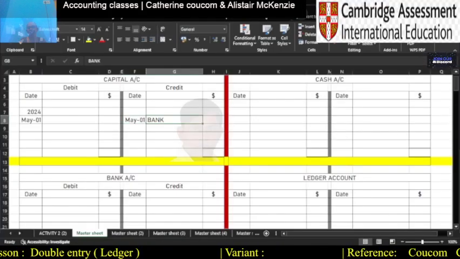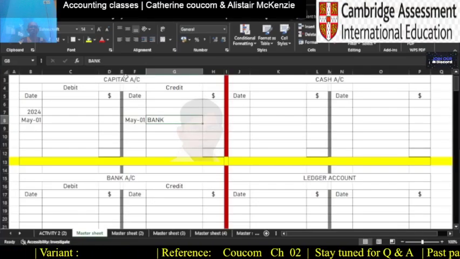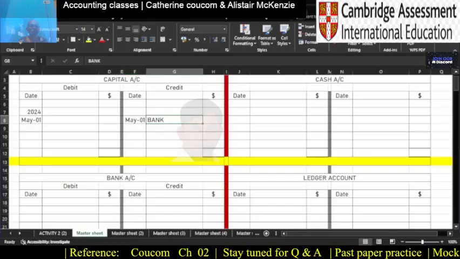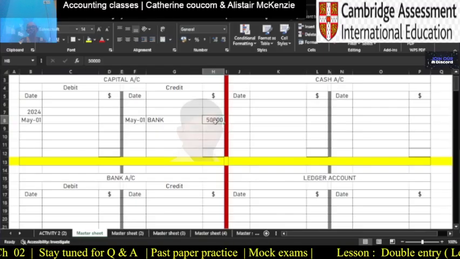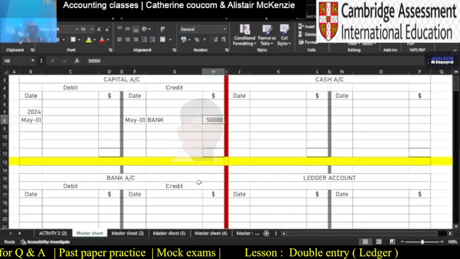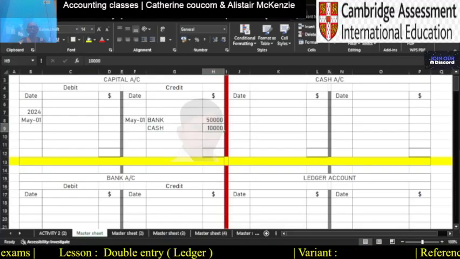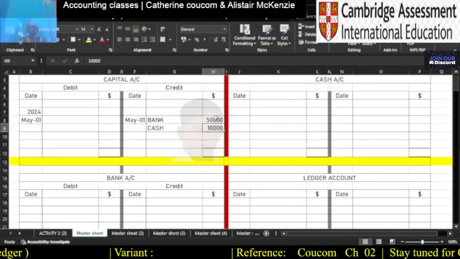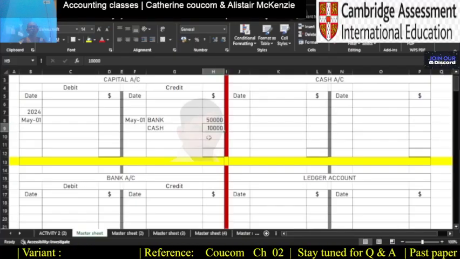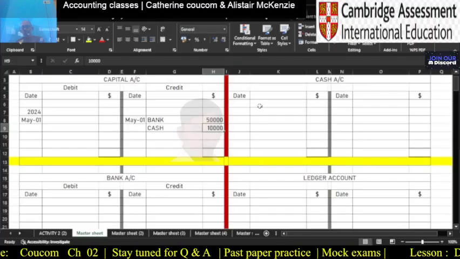What has the capital account given? Capital account has given 50,000 to bank account and 10,000 to cash account. So correspondingly, what do we have to do? We have to complete the double entry.